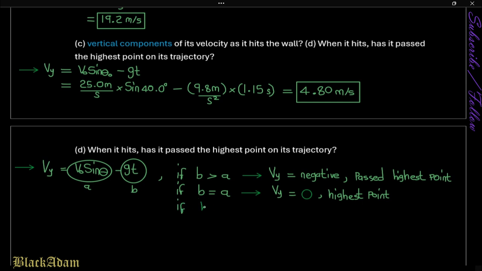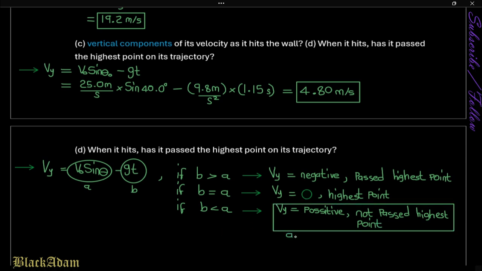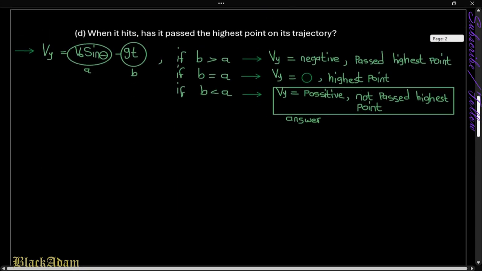If B is less than A, the vertical component is positive, and that means it hasn't passed the highest point yet. So that's our answer: it did not reach the highest point before it hit the wall.